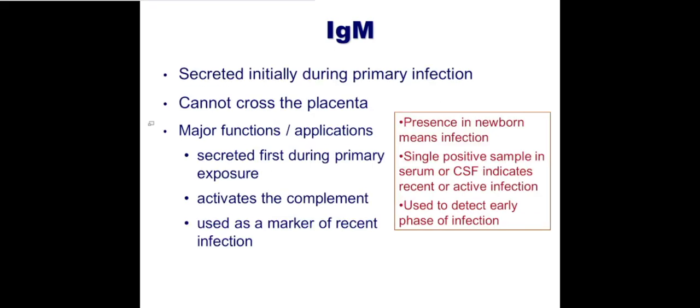IgM is pentavalent. Presence in a newborn means infection. A single positive sample in serum or CSF indicates recent or active infection, and is used to detect the early phase of infection.